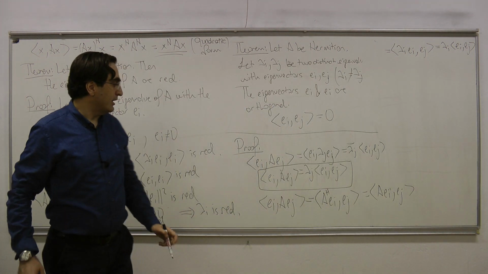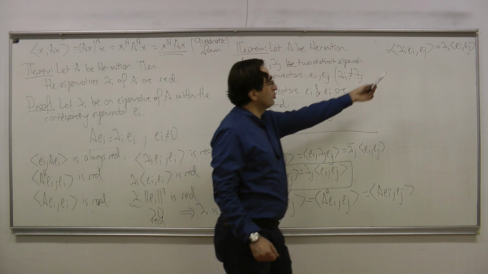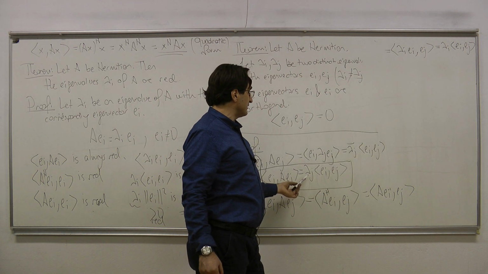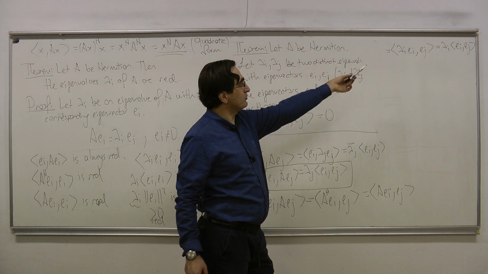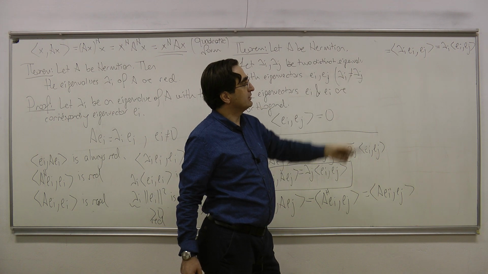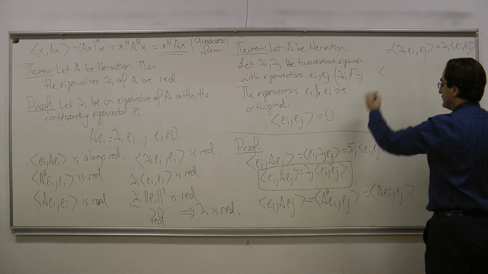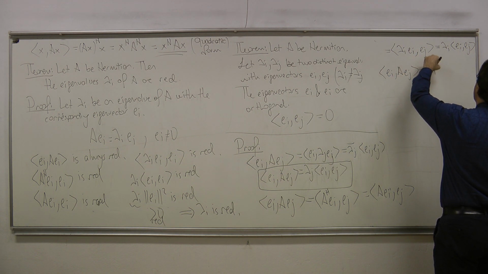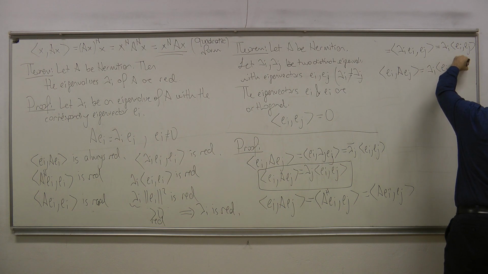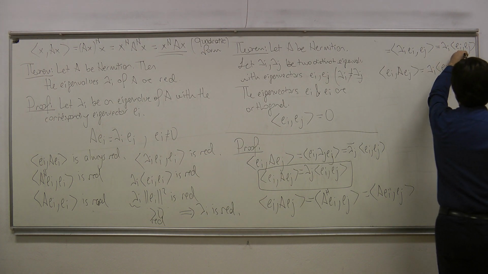So you see that I started with the same quantity, but I have shown that it is equal to two different quantities. This EI, AEJ is also equal to lambda I times the inner product of EI and EJ. This is my second equality.